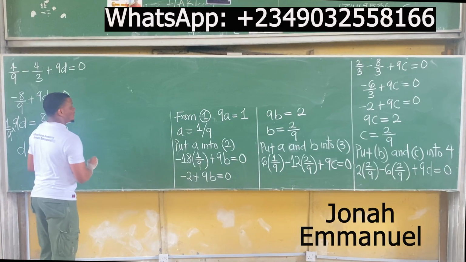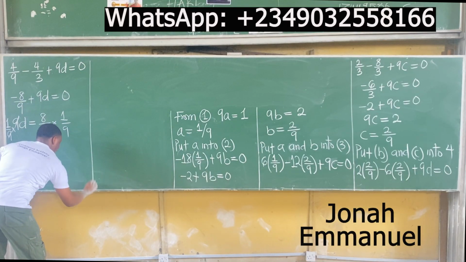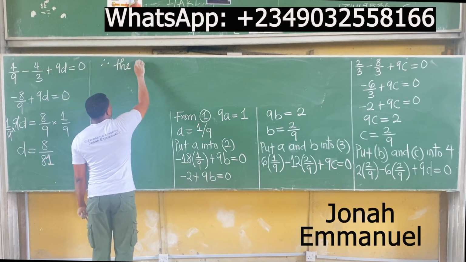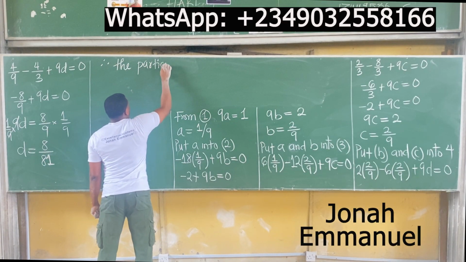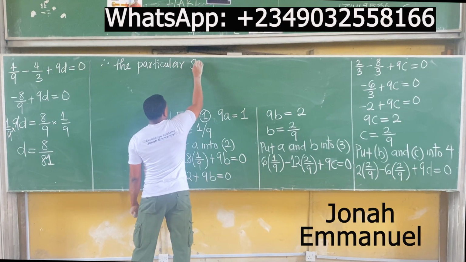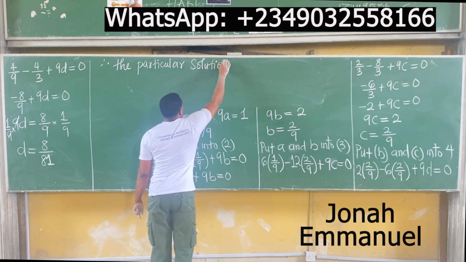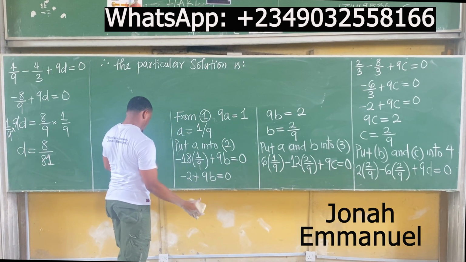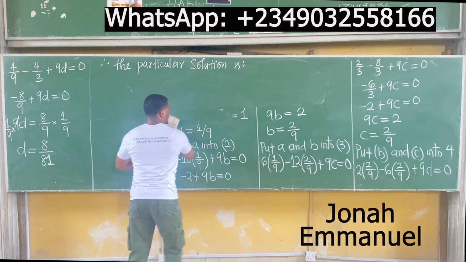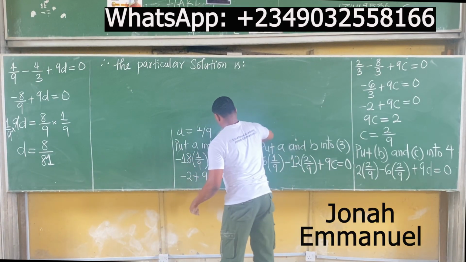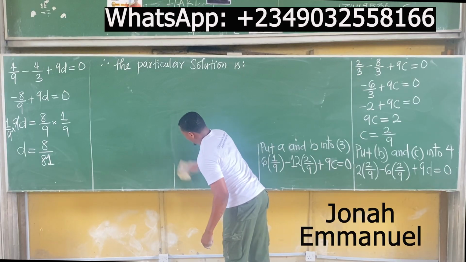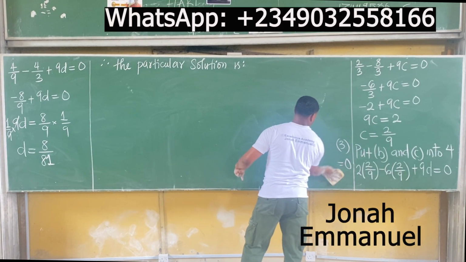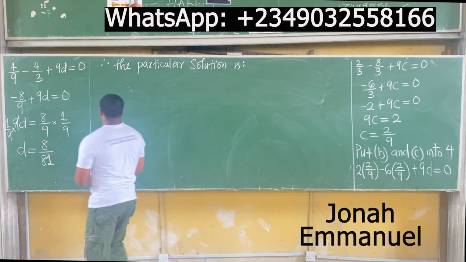So with this now, we've gotten the value of A, B, C, D. Let's now form the particular solution. Therefore, the particular solution is YP.